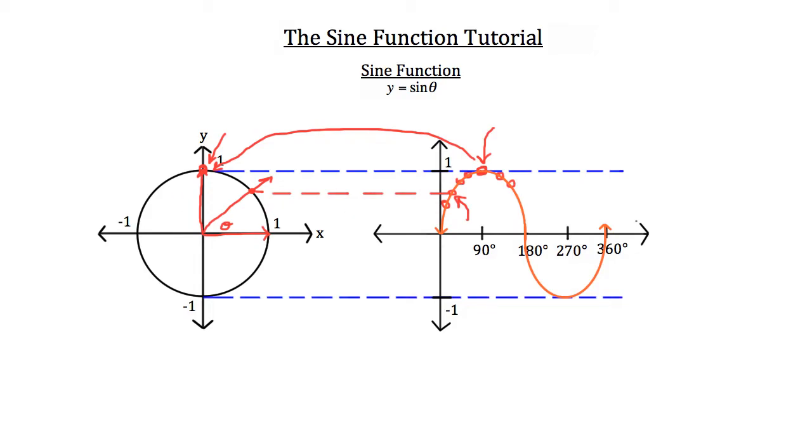If you just drew lines directly across, relating these two, you'd see that the pattern would go up and down like this. For example, look what happens if I choose this point right here on our sine function. I'm going to draw a line connecting directly across to our unit circle. Notice that the y value of that point on the unit circle correlates directly to the y value of that point on the sine curve.